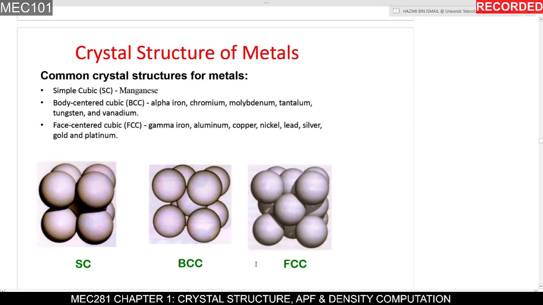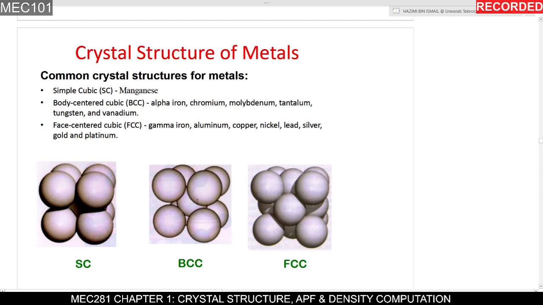Okay, this is what we are going to go deeper into: the crystal structure of metal. Common crystal structures for metals. We have three types. One is the SC. SC stands for simple cube, like a regular cube. And then we have the BCC, or body centered cubic.